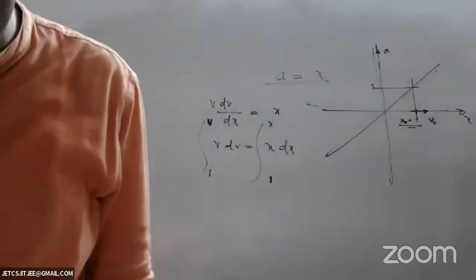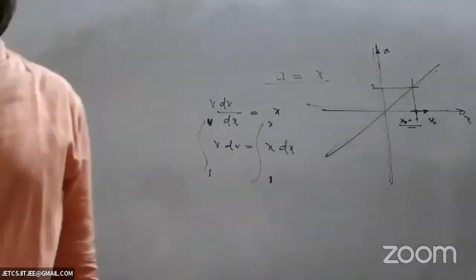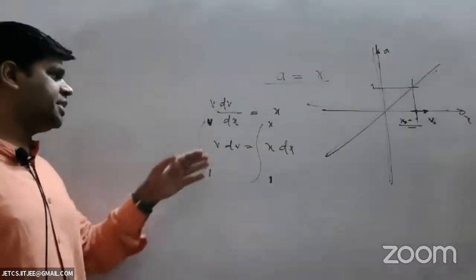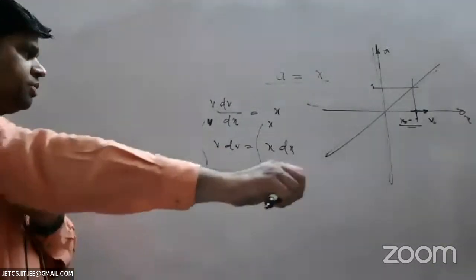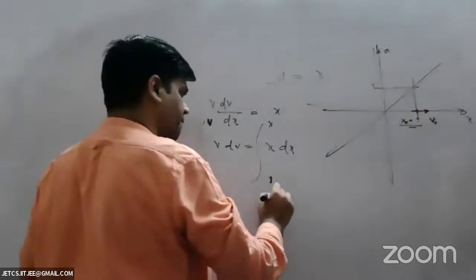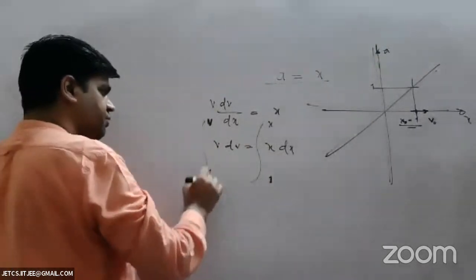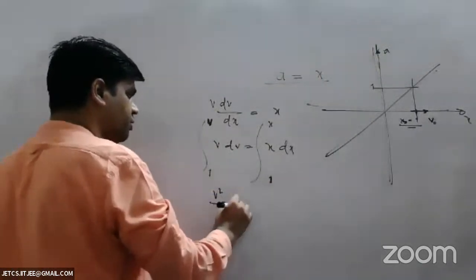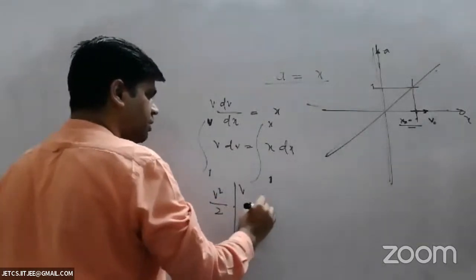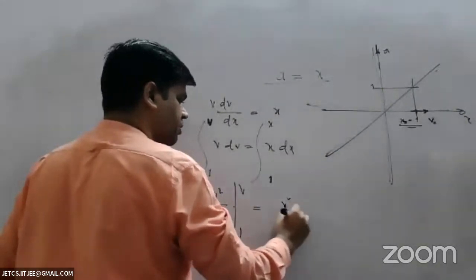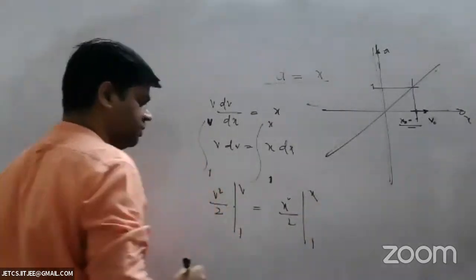At t equal to 0, x is equal to 1, v is equal to 1, right? What is integral x dx? x square by 2. This is v square by 2. So v square by 2 under limits 1 to v is equal to x square by 2 under limits 1 to x.